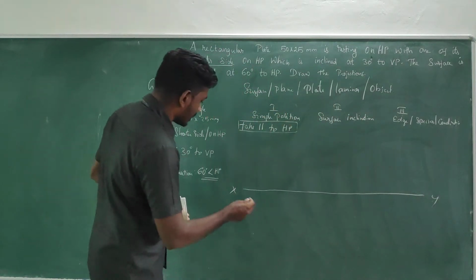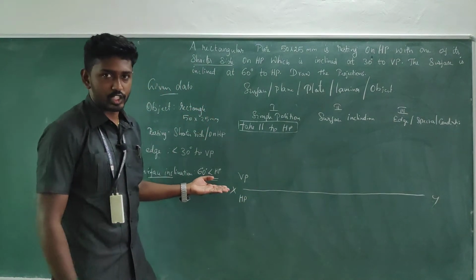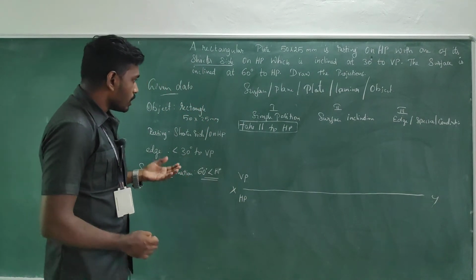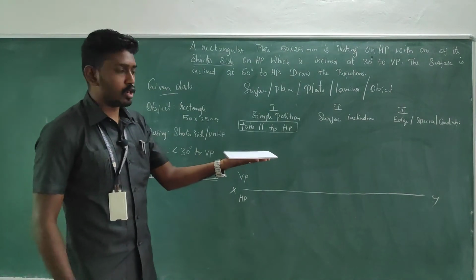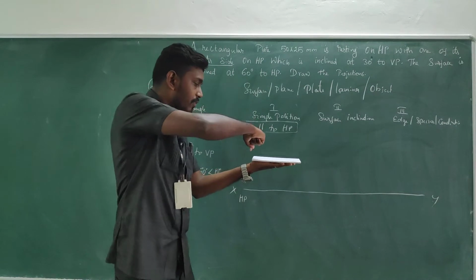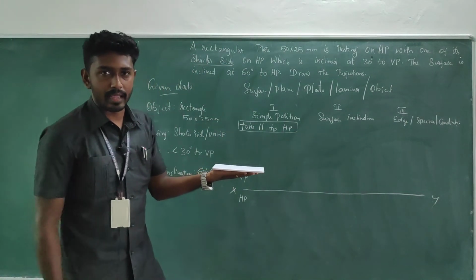Always remember, it's a first angle projection, so above the reference line is VP and below the reference line is HP. Fine. So in this simple position, since it is parallel to HP, from the top view we can see the true shape, and in the front view we can see the straight line.